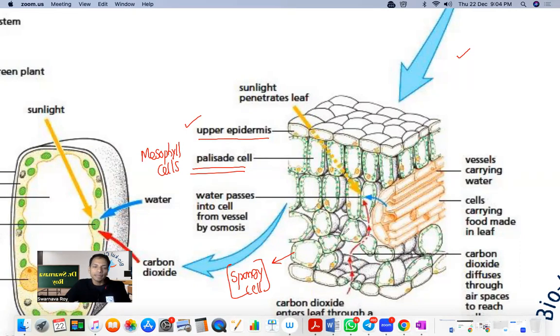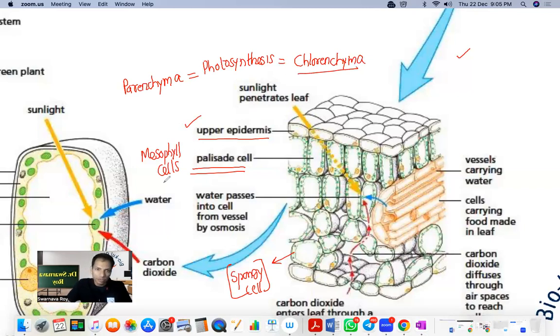And parenchyma tissue which carries out photosynthesis is known as chlorenchyma, because they have pigments called chlorophyll. It is a special type of parenchyma. So mesophyll cells are basically a type of chlorenchyma.